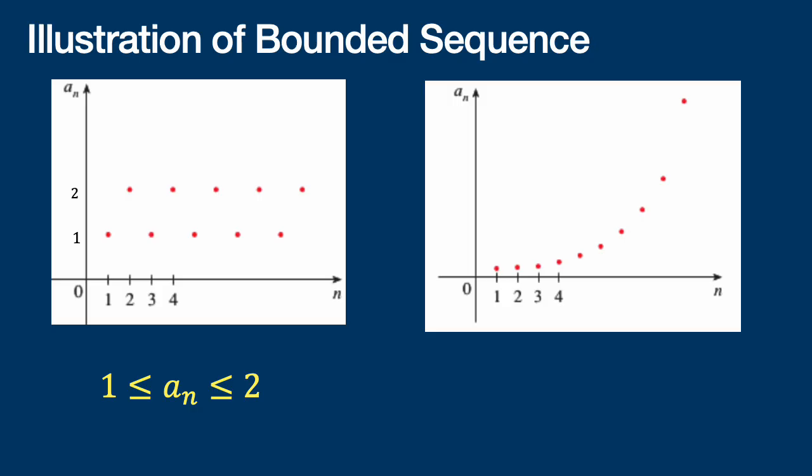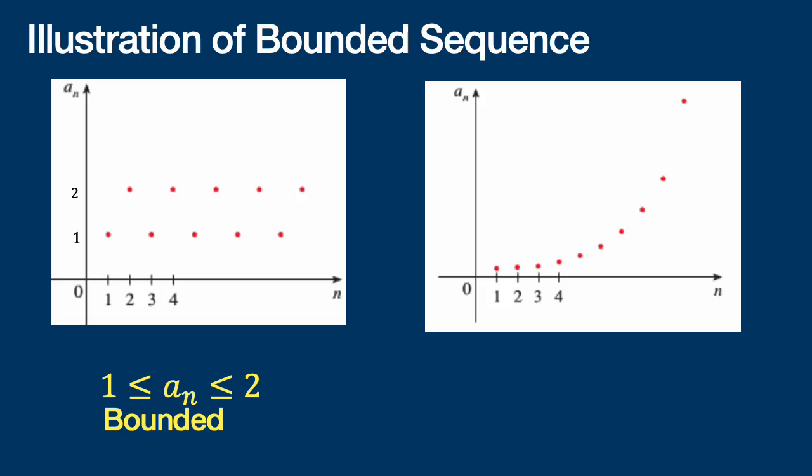In that case, all the values of the sequence are between 1 and 2, and we call this sequence bounded, okay? On the other hand, look at this sequence. a1 is 1, 2, a2 is here, a3 is here, 4 is a4, but the sequence is increasing, it keeps increasing.